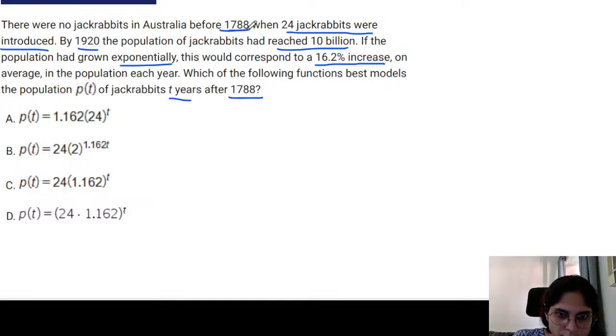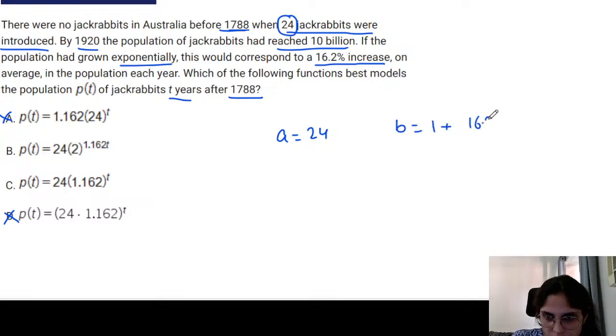So they're talking about 1788, so your A value is going to be 24. So this option is gone, this option is gone. There is 16.2% increase, so value of B is going to be 1 plus 16.2 over 100, that is 1.162, because this will be 1 plus 0.162.